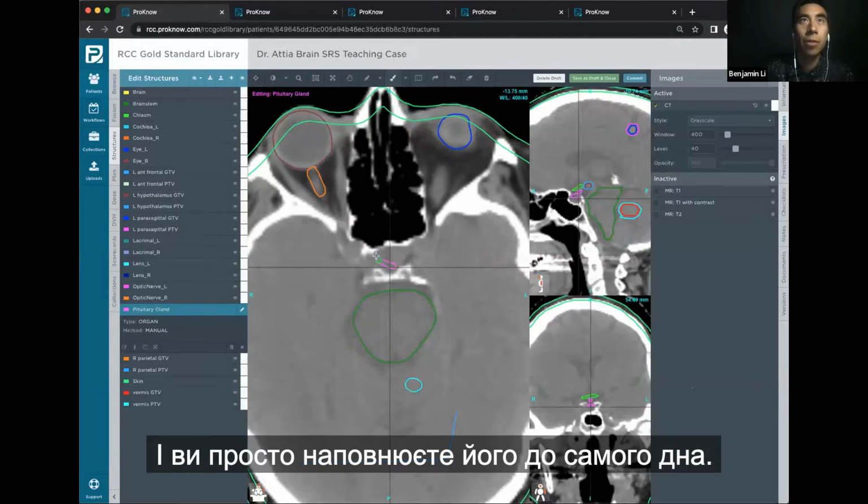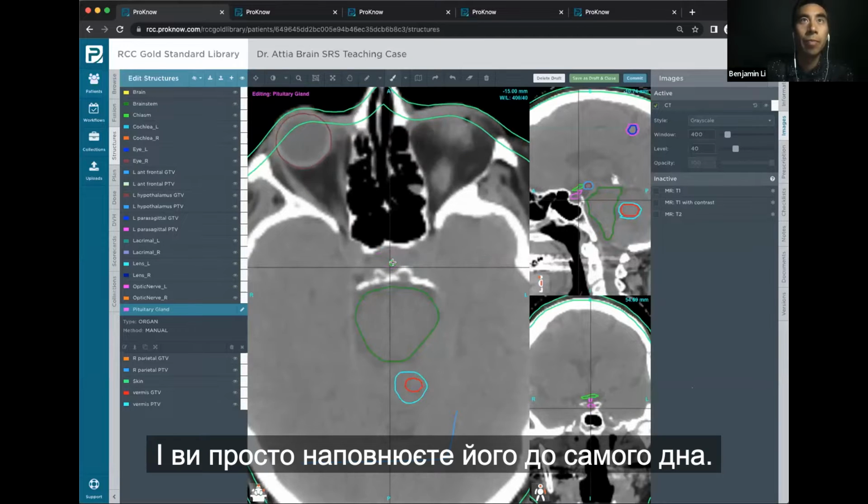And you just fill it up all the way until you get to the bottom.